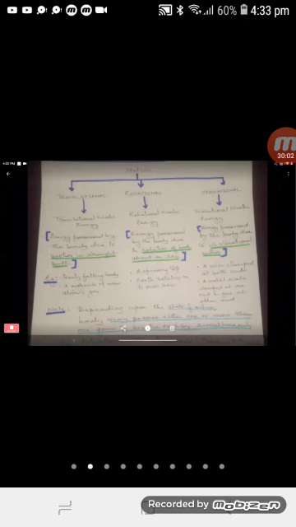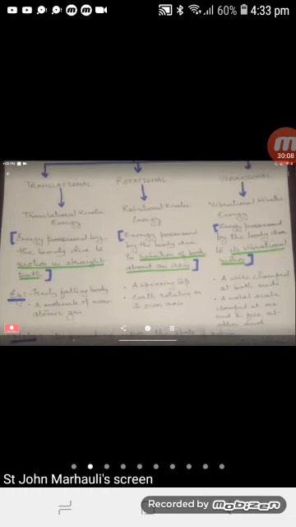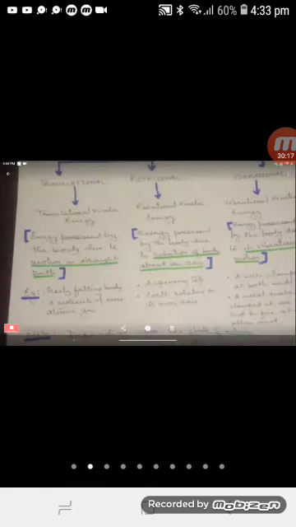This chart shows the three basic motions: translational motion, rotational motion, and vibrational motion.